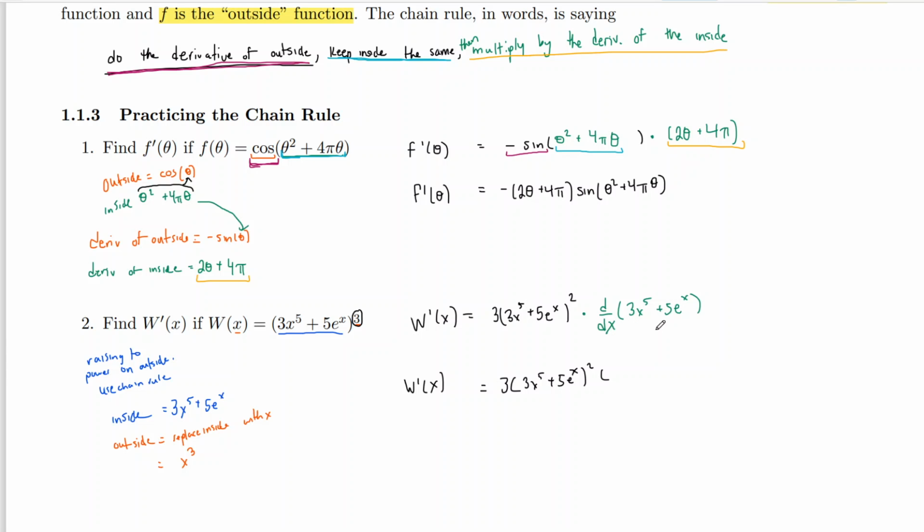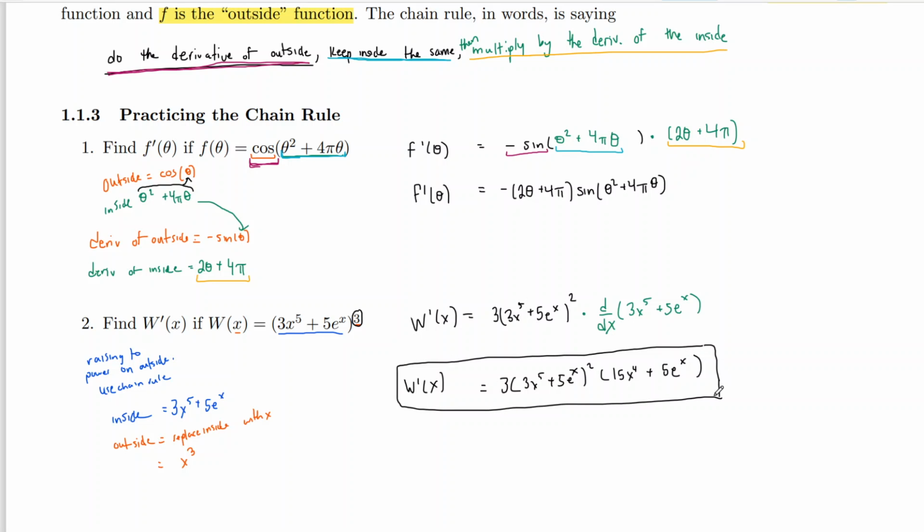Well, neither of these require the chain rule at all. It's just x to a power and e to the x. We already know rules for that. We do the power rule on the first one. We get 15x to the 4th, 5 times 3 is 15, plus, and the derivative of e to the x is itself, we get just 5e to the x. Right? And this is our derivative.